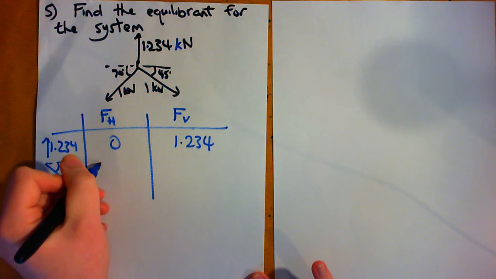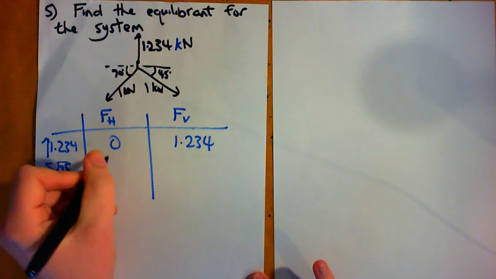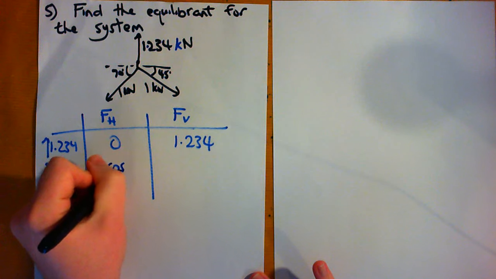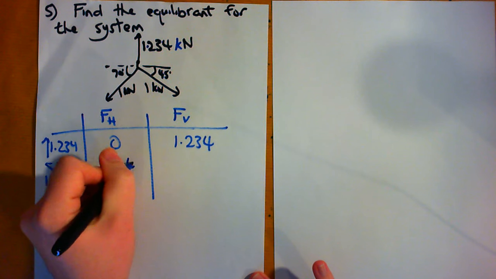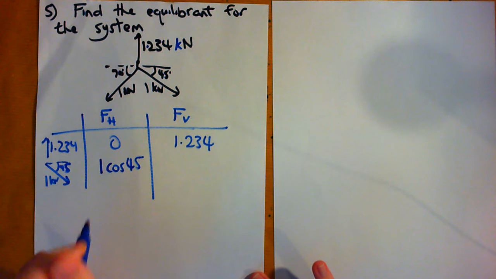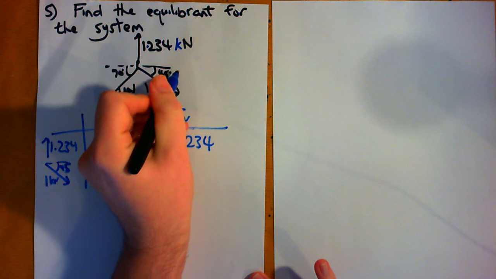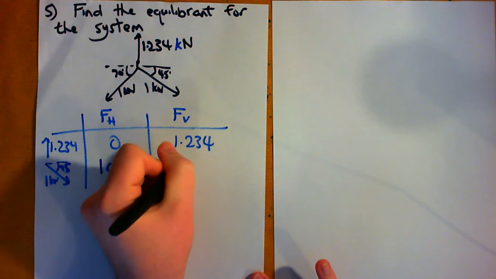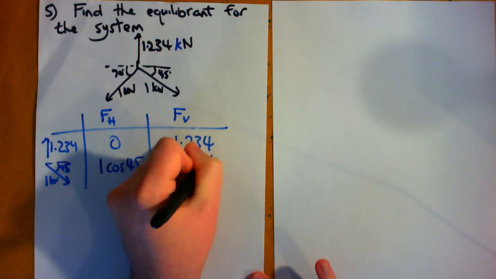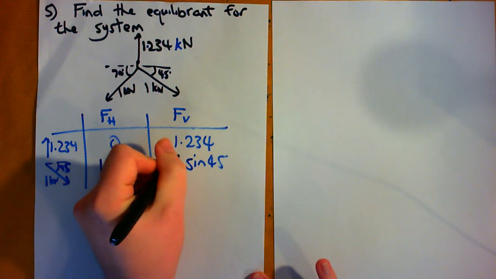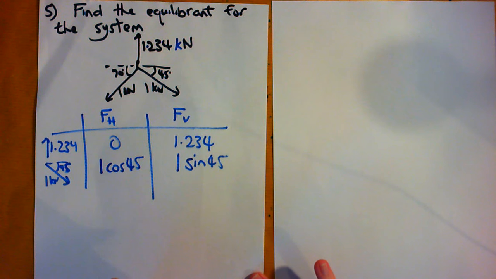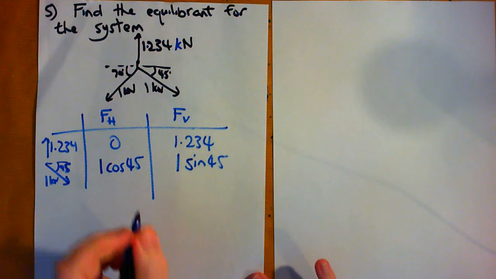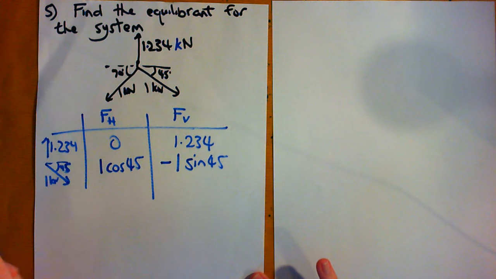So it's going to be 1 times cosine of 45, pointing to the right makes it positive. And the vertical side is going to be the opposite, so that's going to be 1 times sine of 45, and this is pointing downwards, which makes it negative.